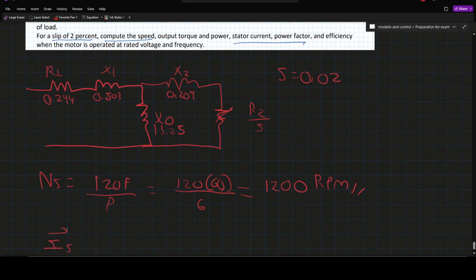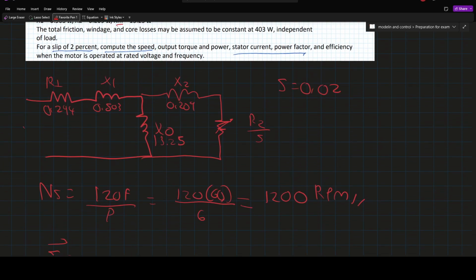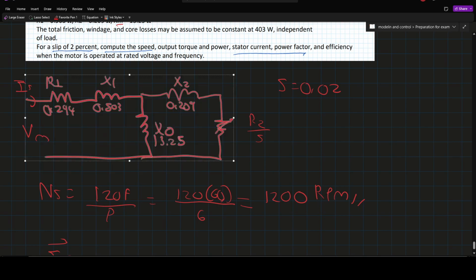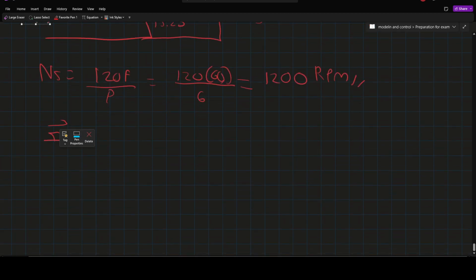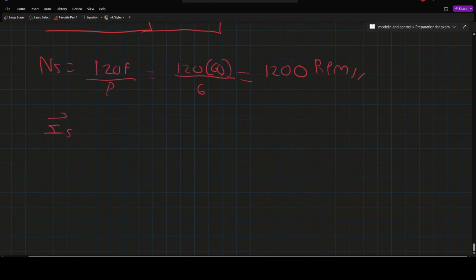If we look here in our circuit, we have our Vm, and the current is going through here. To calculate Is, we need the total equivalent impedance, and we divide our Vm over our total equivalent impedance.